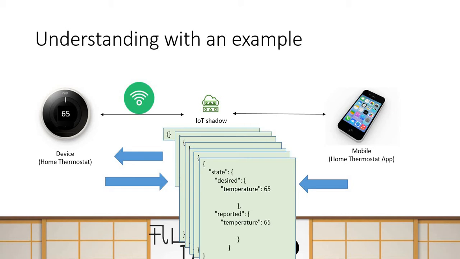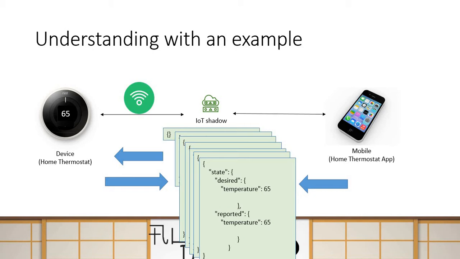Since your mobile application is not talking to the device directly, though you can talk through MQTT, in this case we are maintaining the state in the intermediate IoT Shadow service.